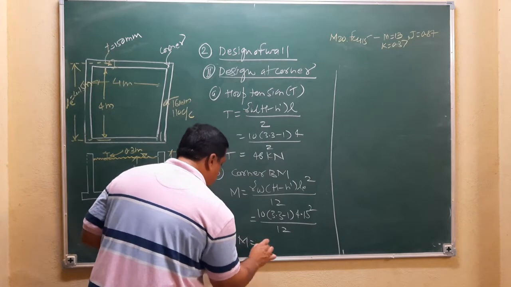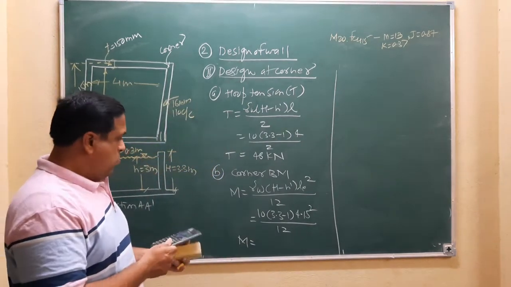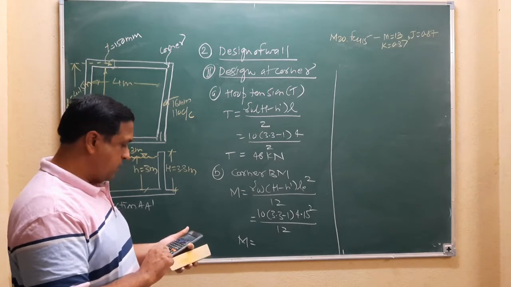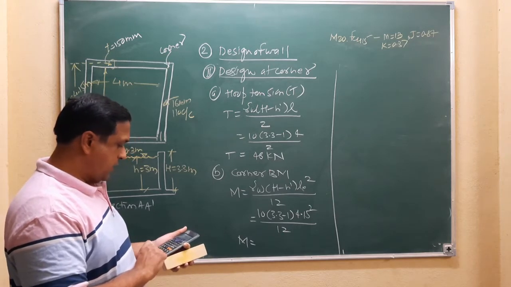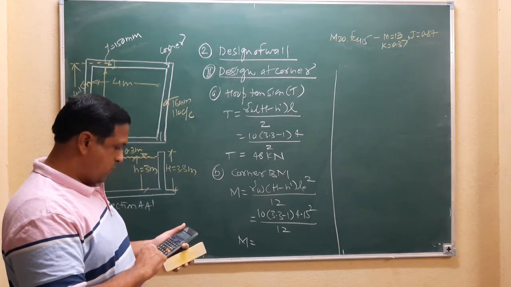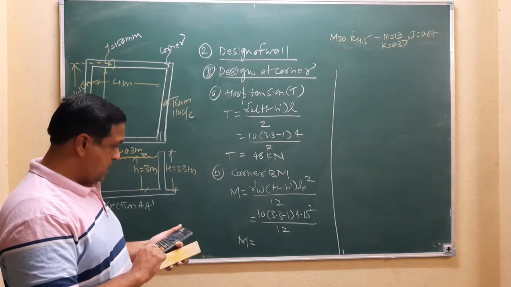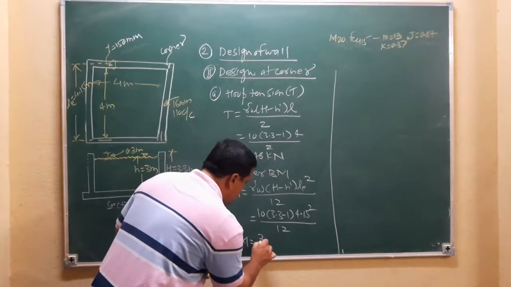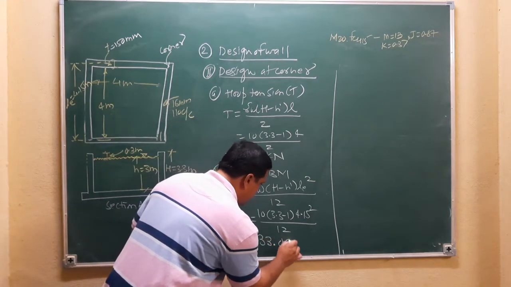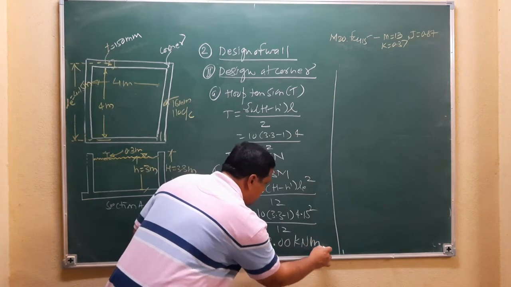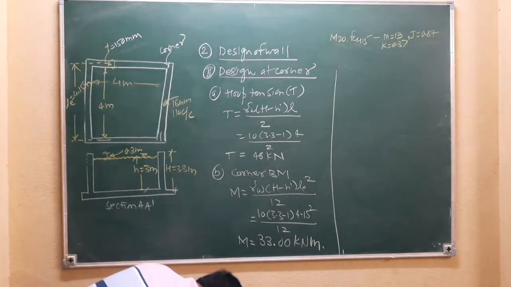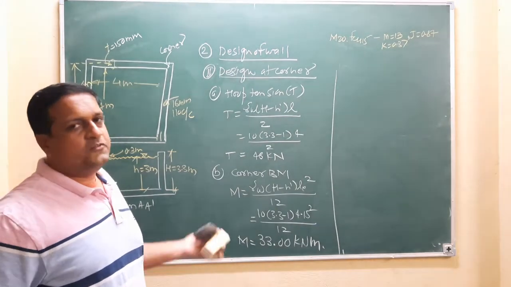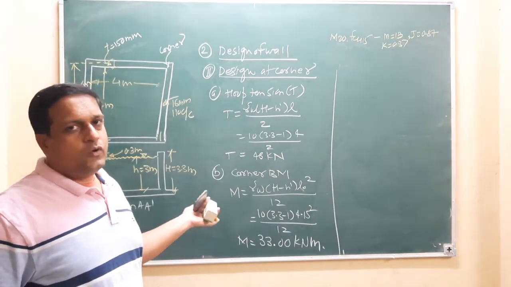Now the bending moment is a little bit more, 33.00 kilonewton meter. So this is the bending moment M at corner. Obviously, it is more than the midspan value.